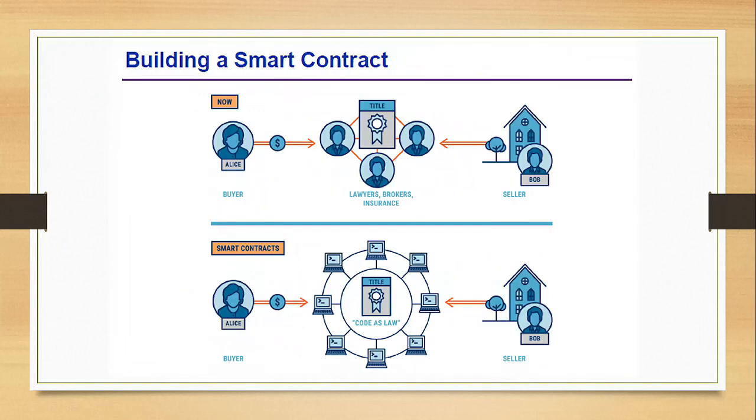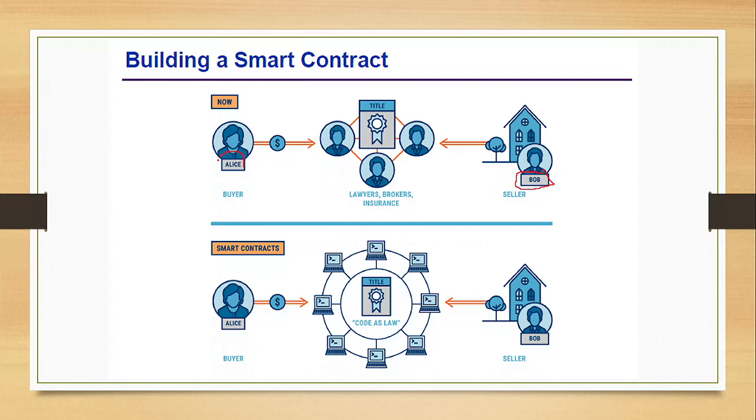So kindly take note of the 6 steps required to build a smart contract. As you can see from this diagram, this is the traditional way of carrying out contracts. In the first diagram, Alice wants to buy some land, and Bob is the seller. Bob is the seller, Alice is the buyer.